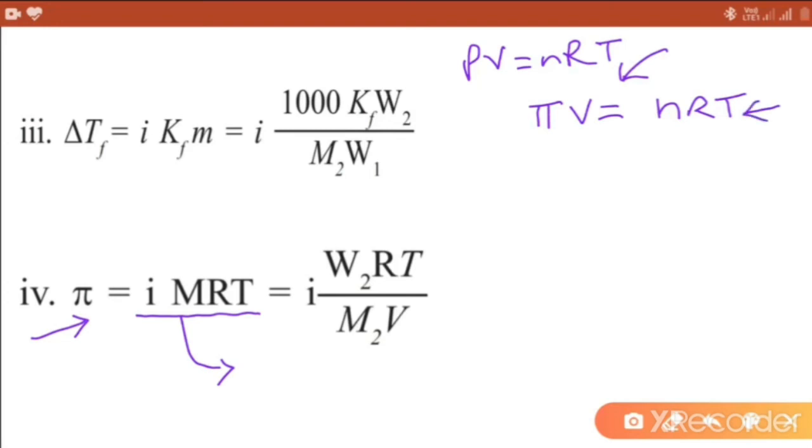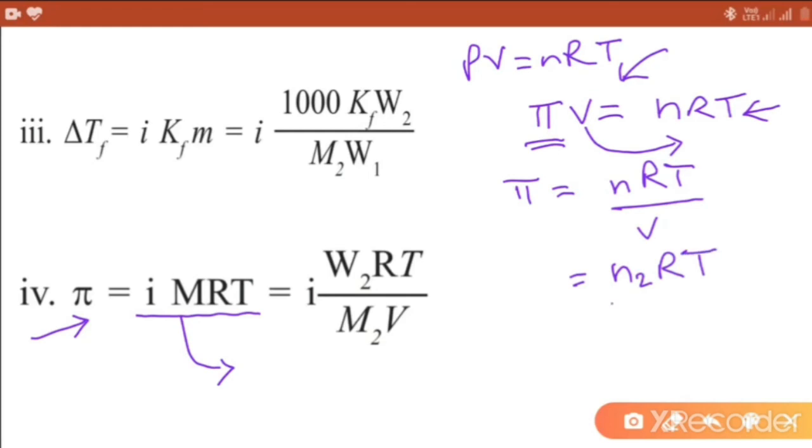This is the ideal solution expression with osmotic pressure pi, and by transferring this V to the right side, we get pi is equal to nRT by V. But for solute, the number of moles is n2. So by putting the value, we get pi is equal to small n2 into RT divided by V.